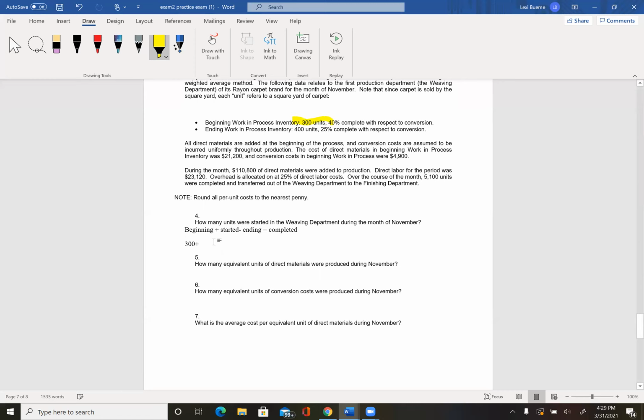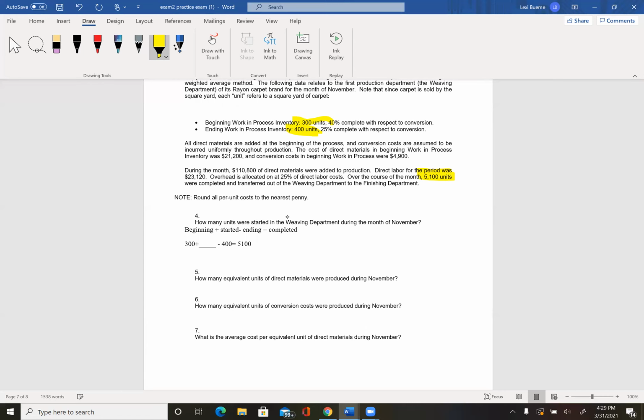We don't know the started, so we're just going to leave that blank. And then you subtract out the ending, which is 400, which is given right here. And then we know what was completed, which is the 5,100, found right here. It says completed and transferred. So just by doing basic math, you end up with 5,200. And that's going to be your answer for how many units were started.